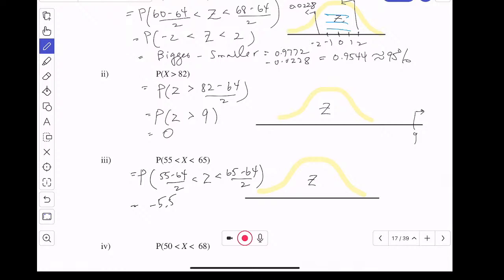Hold on. Negative 4.5 less than Z and 0.5.